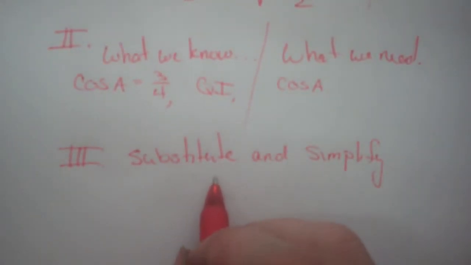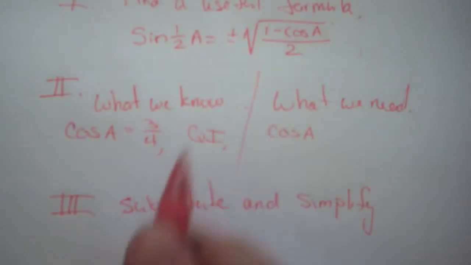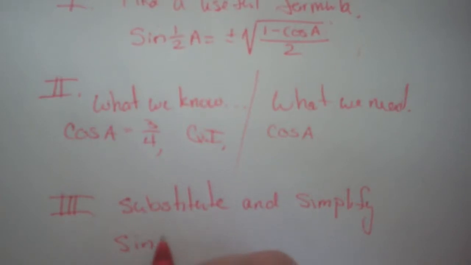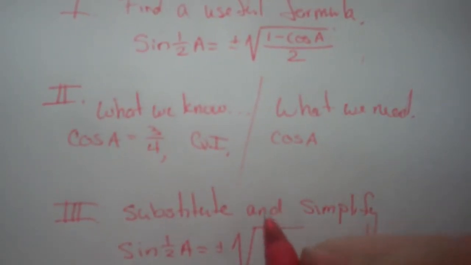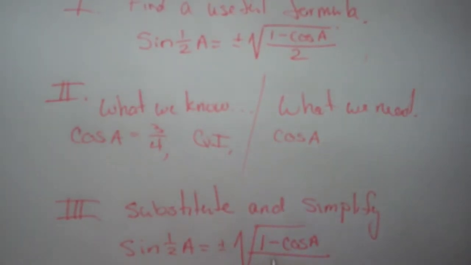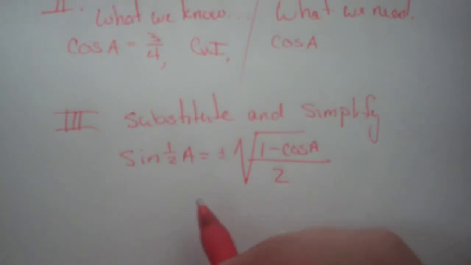So what are we substituting into? We're substituting into this formula right here. It says the sine of 1/2 a is equal to plus or minus the square root of 1 minus the cosine of a, writing down the formula again, over 2. So now let's do the substitutions.